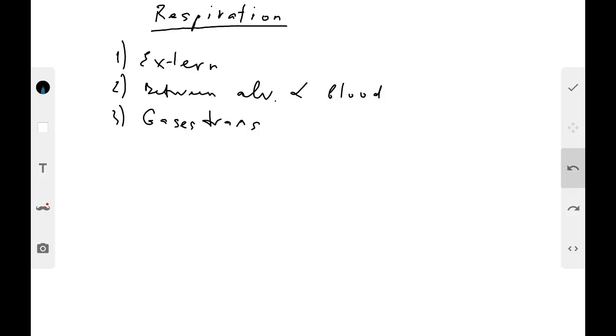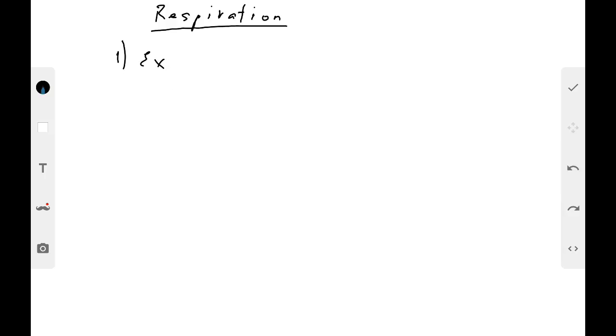The mechanism of inspiration, biomechanics of inspiration, is the first question. The inspiration begins with contraction of inspiratory muscles, contraction of special muscles.